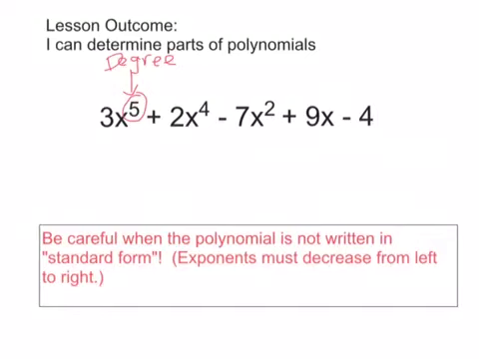Another thing we need to talk about is the very first number that belongs with that variable with the exponent that's the highest, the one that shows us the degree. We need to know about the number in front of it. That is what we call the leading coefficient.